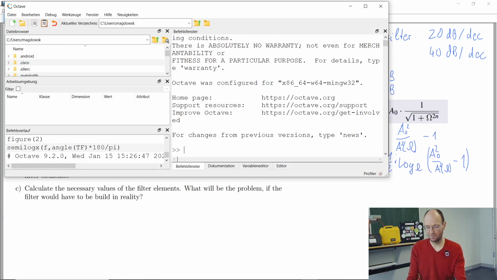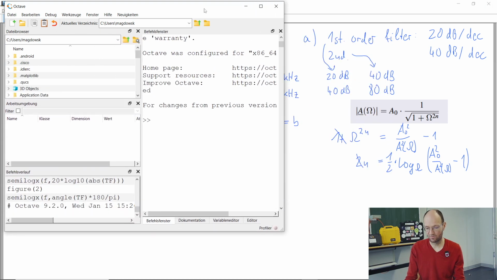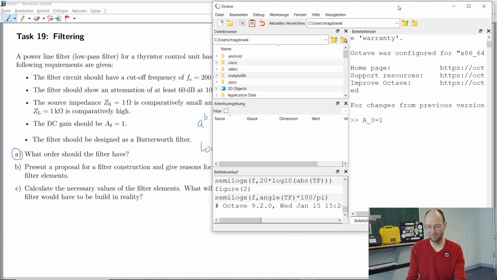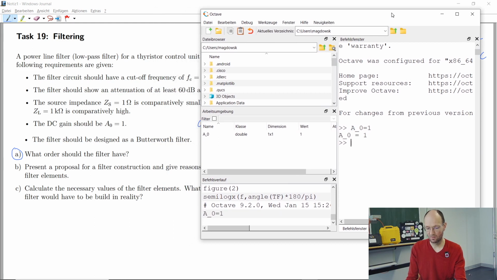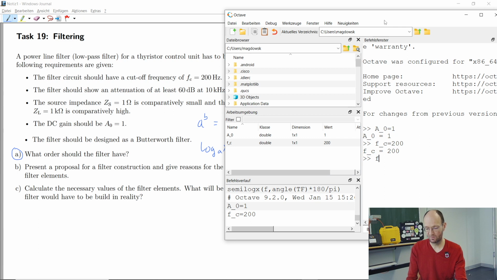Okay, so let's check in our Octave window, and let's insert all these values that we need. So A0, the DC gain, as mentioned in the task sheet, should be 1. Then we have a cutoff frequency, a corner frequency, FC of 200 Hertz. And the frequency that we are interested in is 10 kilohertz, and kilo is 10 to the power of 3.